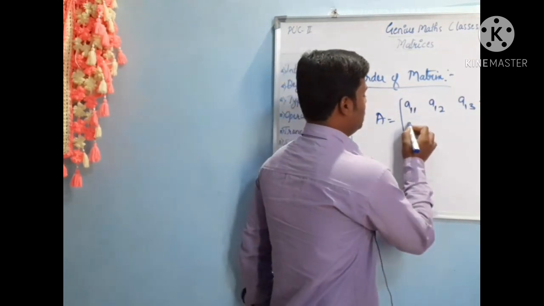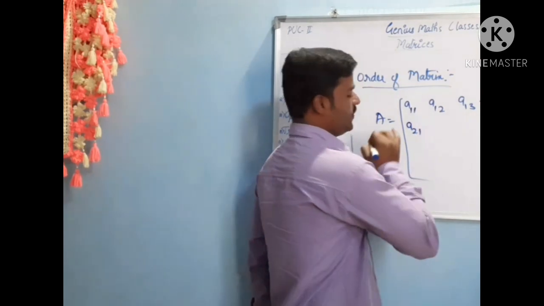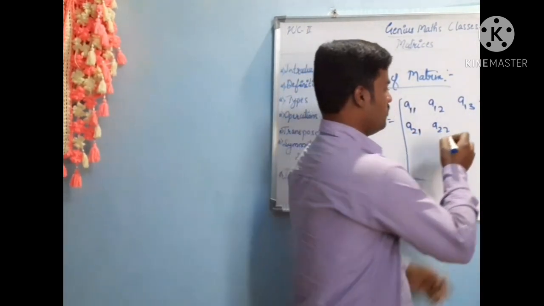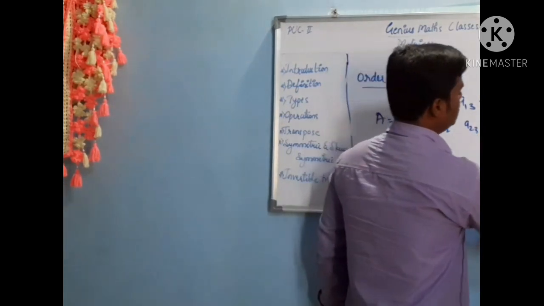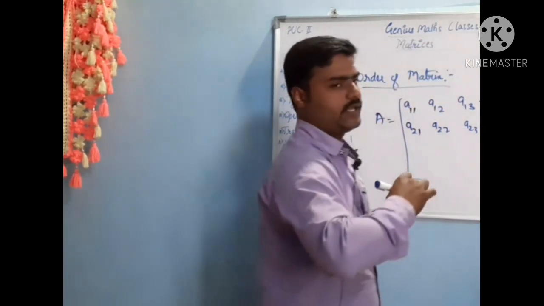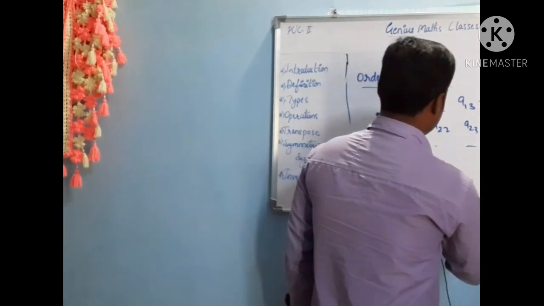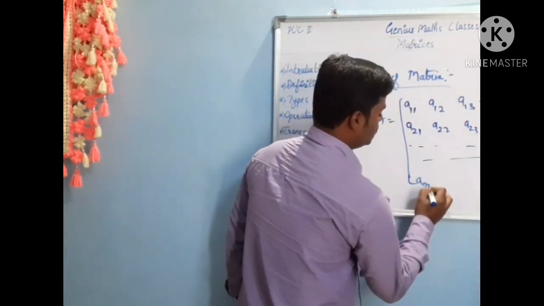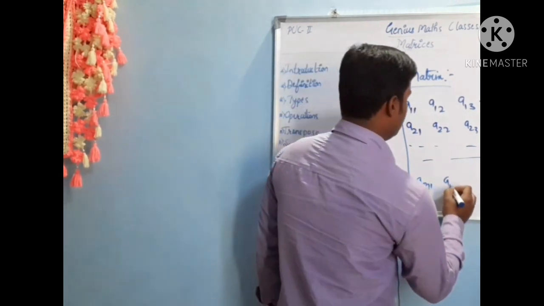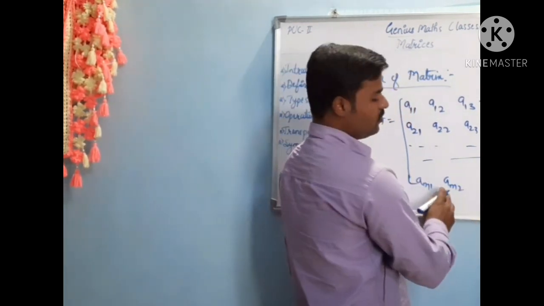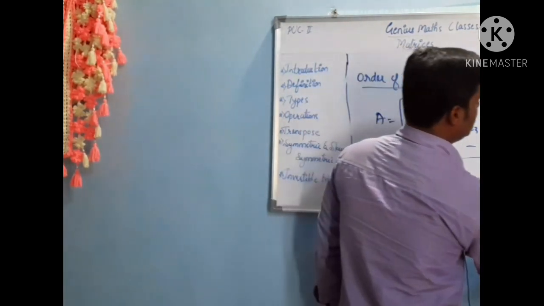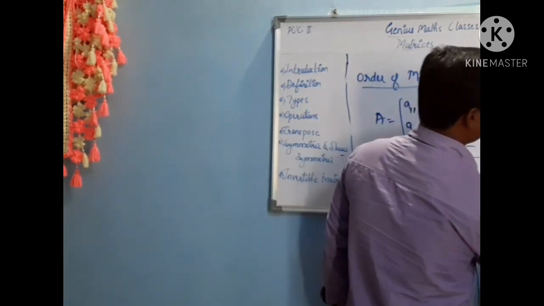Similarly, second row, first column, A21, A22, second row second column, A23, and so on, second row, nth column. I will just write mth row, first column, mth row, second column, mth row, third column, so here mth row, nth column.